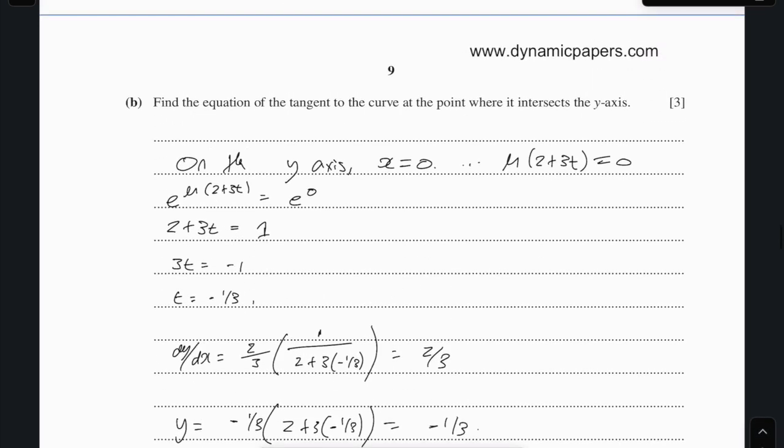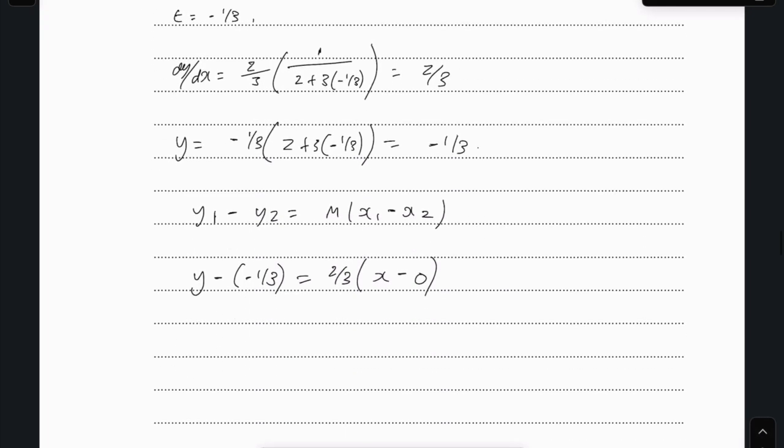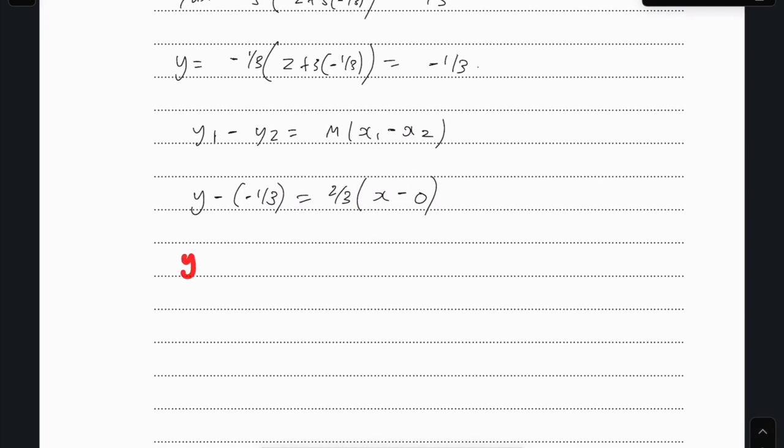Okay, because remember, we hit the y-axis. So therefore y plus a third is equal to 2 over 3 x. Therefore y is equal to 2 over 3 x minus a third.